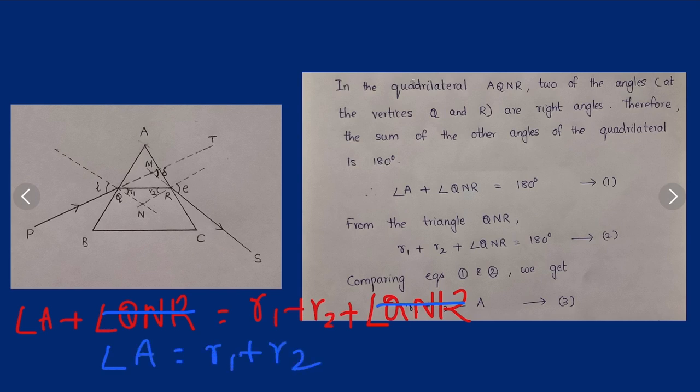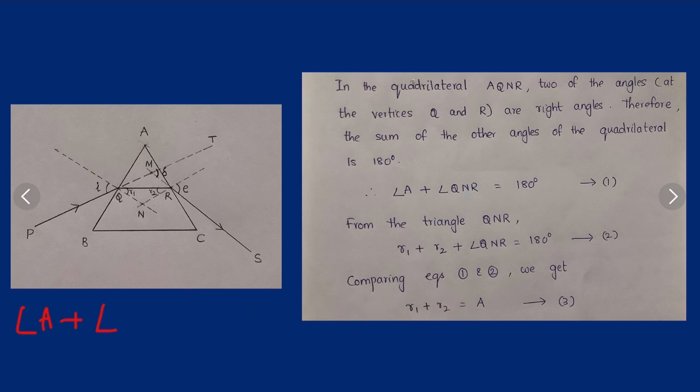I hope you understood. So we have equated the LHS here and the LHS here. I'll remove these marks so that you can see clearly what I have written. Once you equate equations 1 and 2, you get angle A plus angle QNR is equal to R1 plus R2 plus angle QNR.